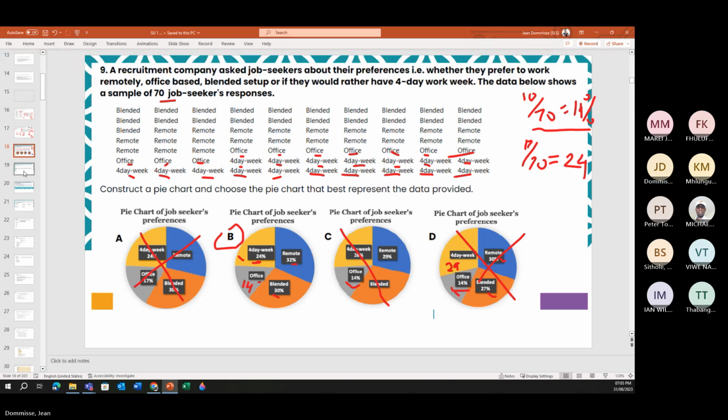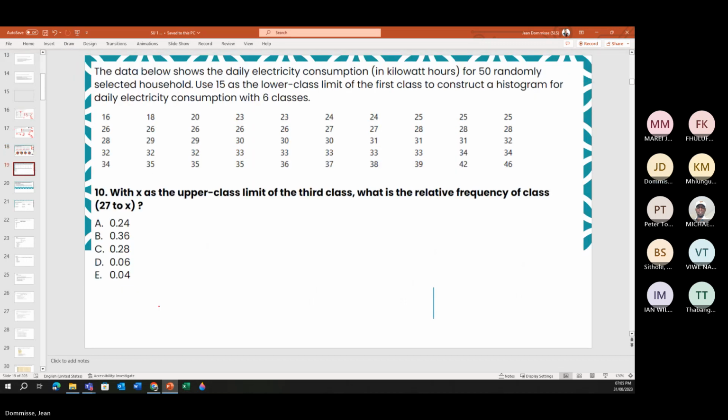Then the next one was quite interesting. So they give you a set of data. It is ranked, and the data below shows the daily electricity consumption in kilowatt hours for 50 randomly selected households.